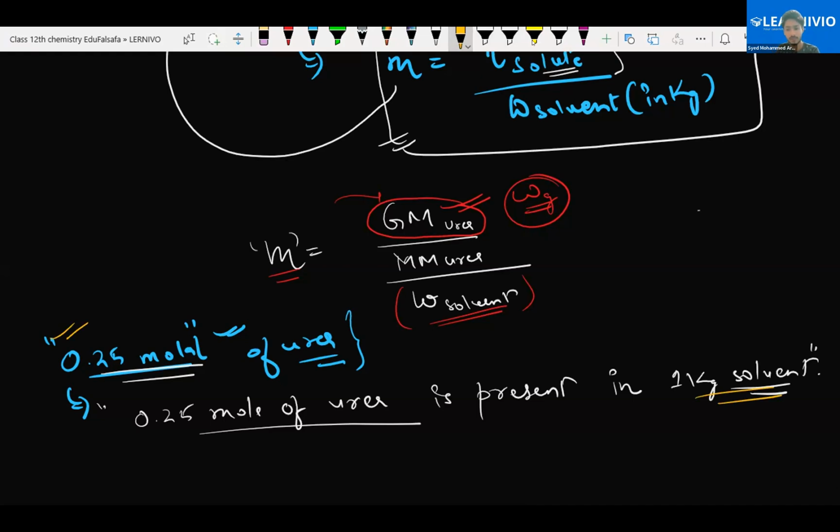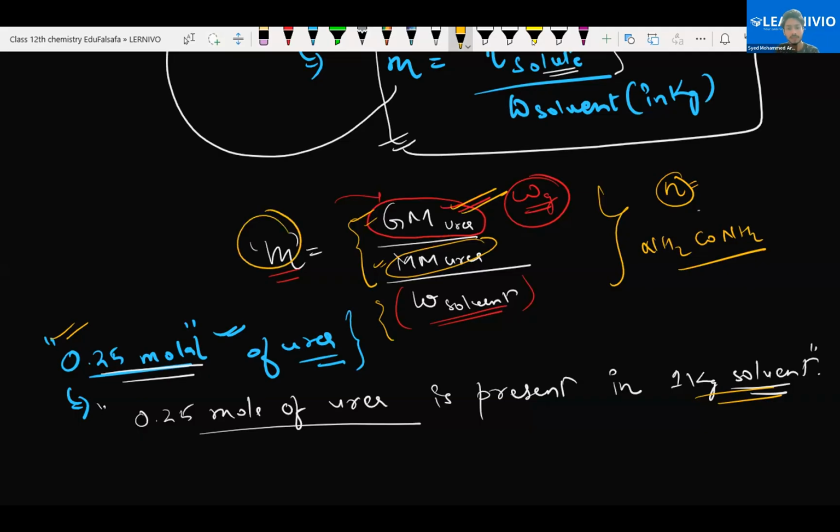In this question you are stuck at this point. By expanding the molality, you end up getting the given weight upon the molar weight, and you know the molar weight of the urea, by just calculating it. So you are successful in the numerator, but you are stuck in the denominator. So again, just expand this term.